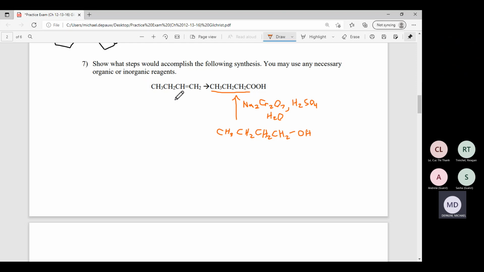Now the question is, can I go from this to this? Is that possible? I have a quick question. Yes. Go ahead. Chromic acid. Could we also just put Jones reagent, or do we have to write out the chromic acid?